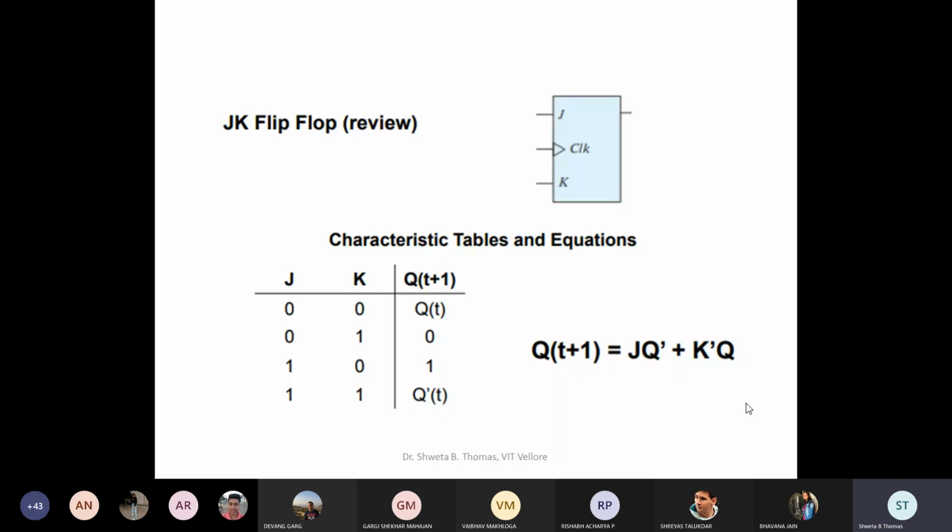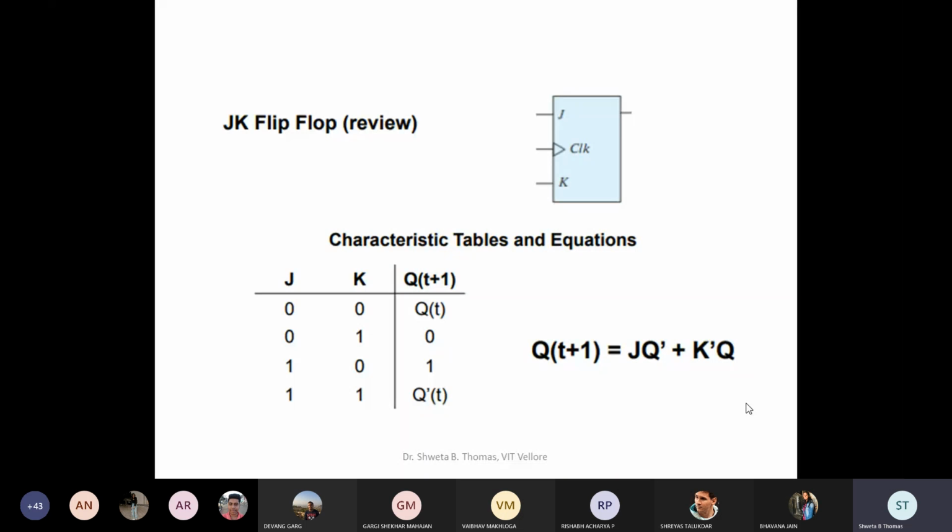So if you see the JK flip-flop, it is well known to you. For set state, J is equal to 1. For reset, J is equal to 0. That means when you are giving J is equal to 1, it is going to 1, or if it is 0, it is 0. That means whatever input of J is there, that is directly transferring to the next state.